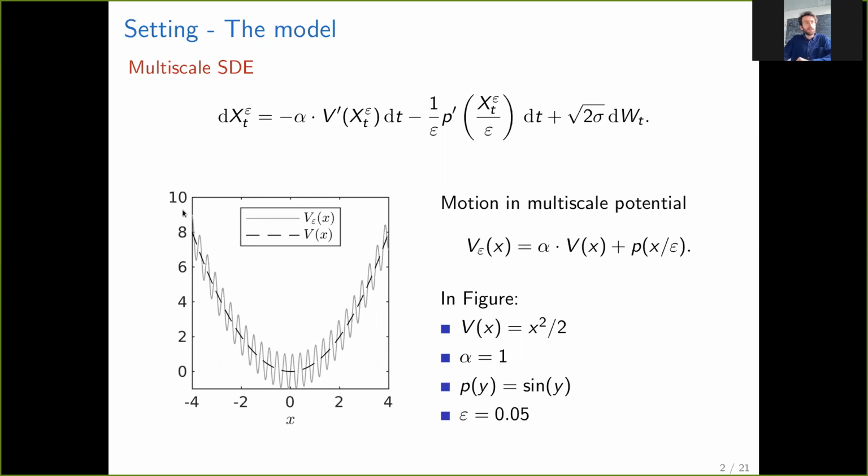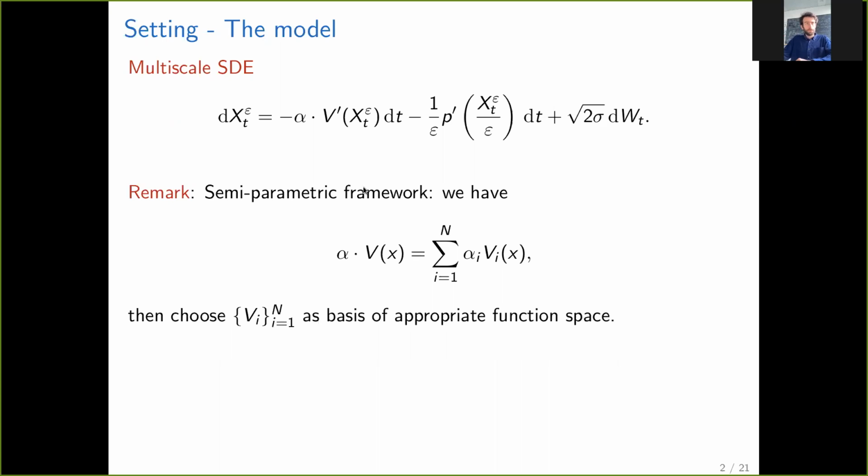So clearly, the motion in this gray potential is much slower than the motion in the slow scale potential. And it gets closer and closer to the speed there would be if there were no fast component, if the diffusion coefficient is bigger.